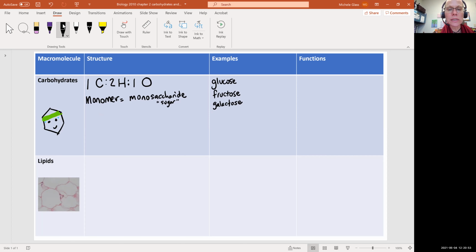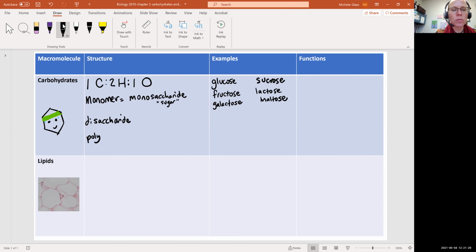If the monomer is a monosaccharide, a single sugar, you can link 2 sugars together to make what's called a disaccharide. And examples here would be sucrose, lactose, and maltose, a few examples of disaccharides, 2 sugars together.